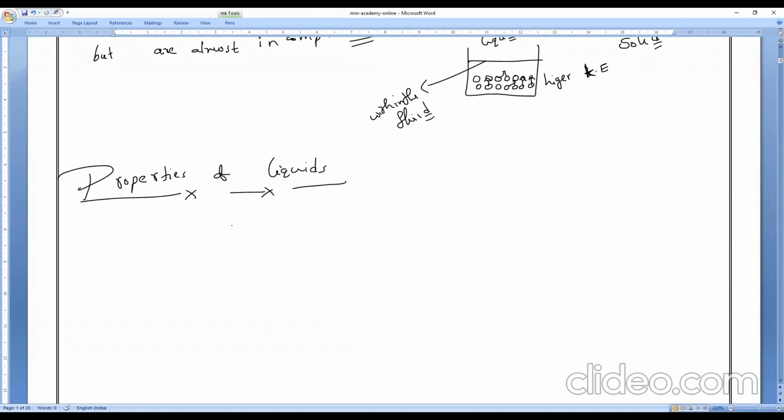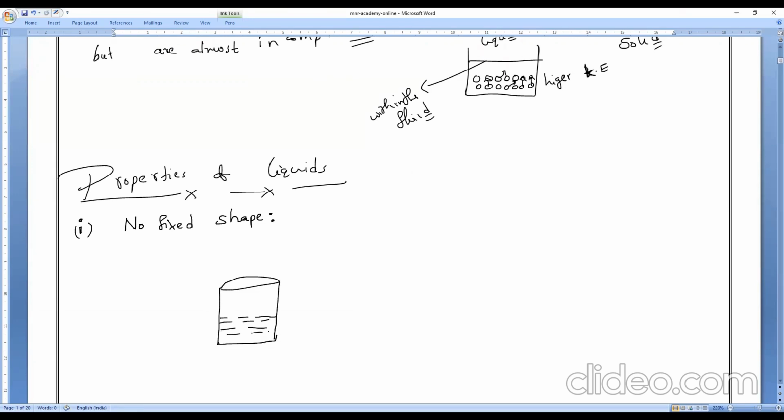Coming to liquids, the first property: like solids, liquids have a fixed volume, but they do not have a fixed shape. If I put water in a beaker, the liquid will take the shape of the beaker.